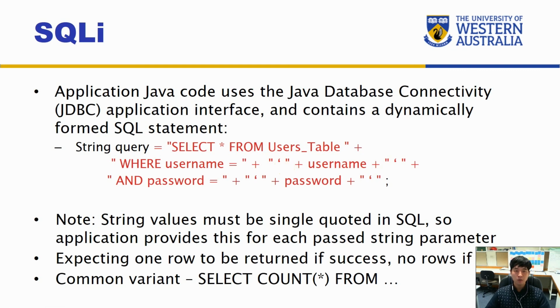since we have two columns, or we suspect there are two columns, username and password, it should return one row that matches exactly the username and password, otherwise no row if failure. You can also change this into select count star, then it's going to return either 1 or 0 based on our scenarios.